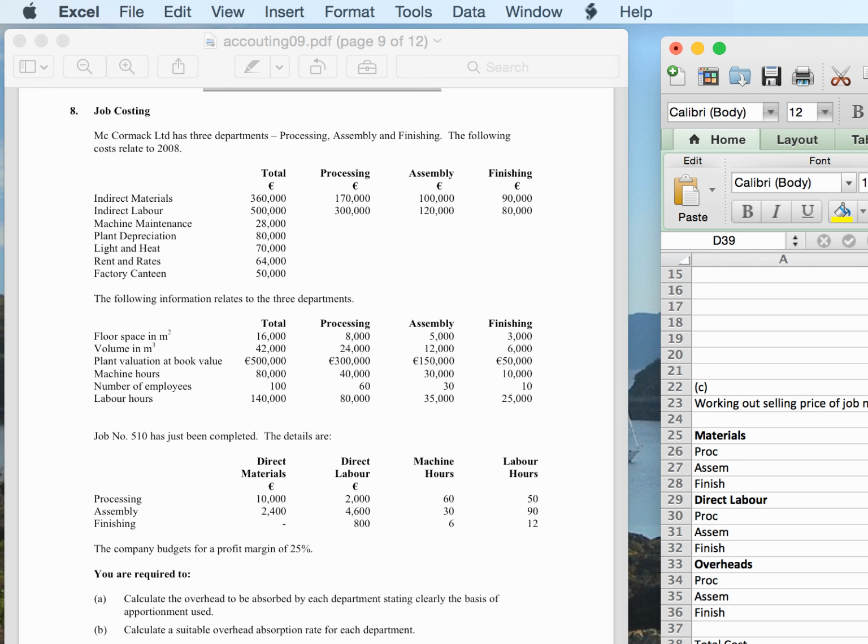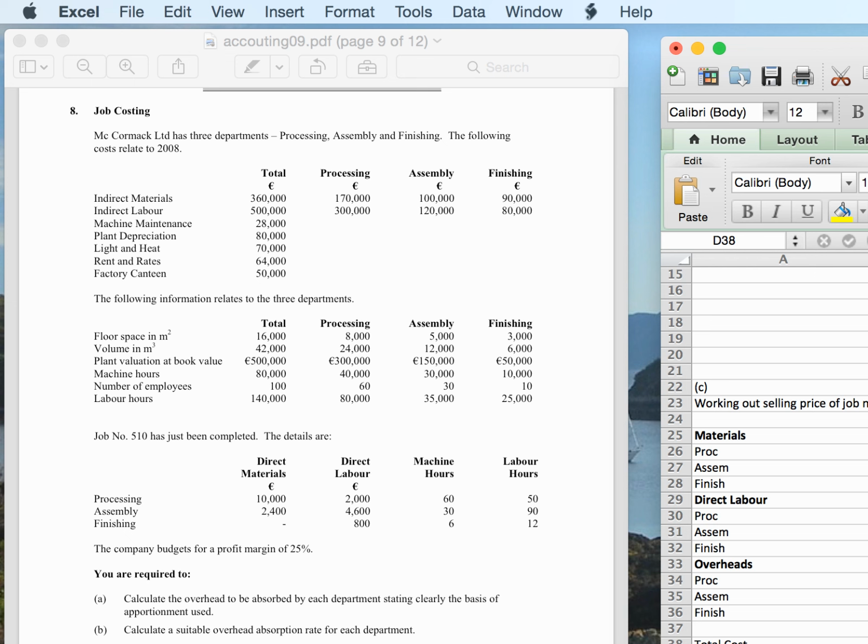Now I need to work out my profit. In this case, the profit margin is 25%. So in terms of the percentages, the profit is 25%. That means the selling price is, because it's a margin, that's the profit compared to selling price, the selling price must be 100%, which means the total cost must be 75%. So if I divide this number by 75, I'll get 1%, and if I then multiply by 25, I'll get 25%, which is the profit margin.